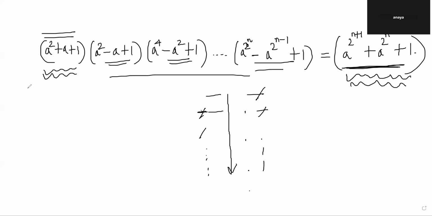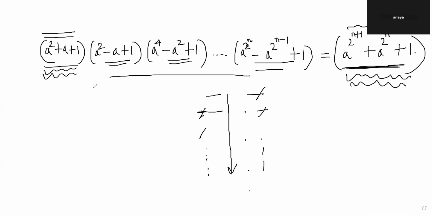Basically, that finishes the proof. The point is that we are using the product of a plus b into a minus b identity to get a lot of identities like this. And you can prove that this number is clearly divisible by a square plus a plus 1.